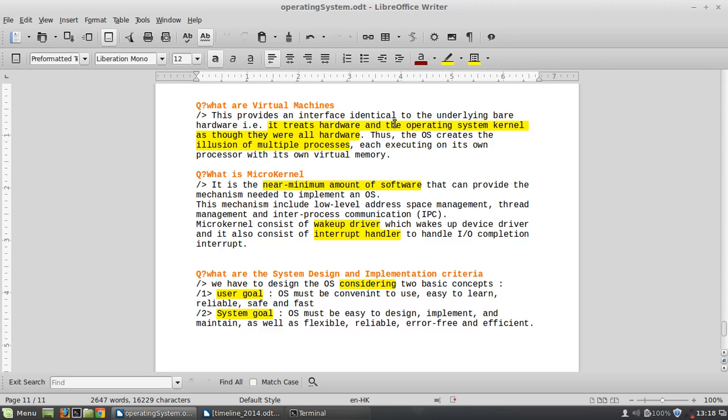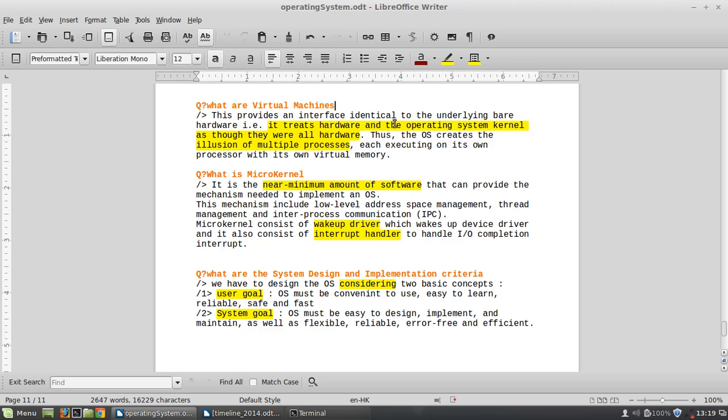Thus the operating system creates the illusion of multiple processes. It seems that multiple processes are trying to run and access the hardware system, each executing on its own processor with its own virtual memory.